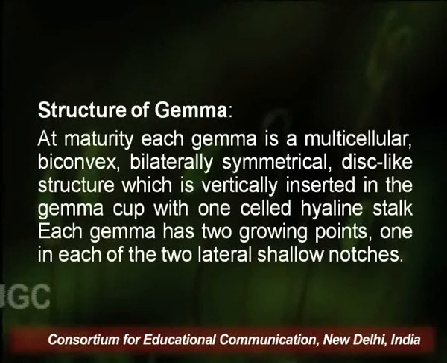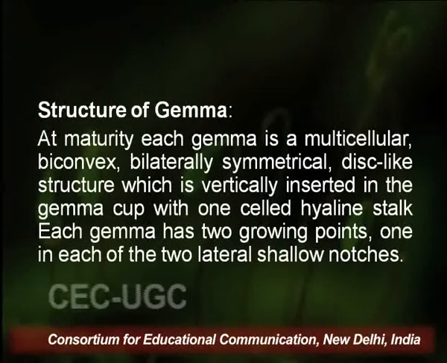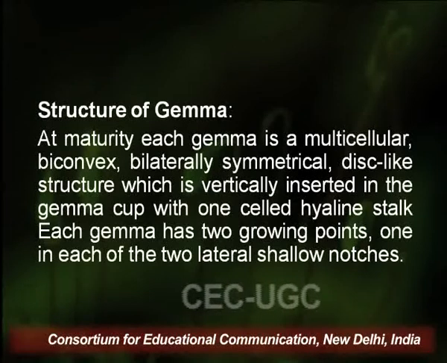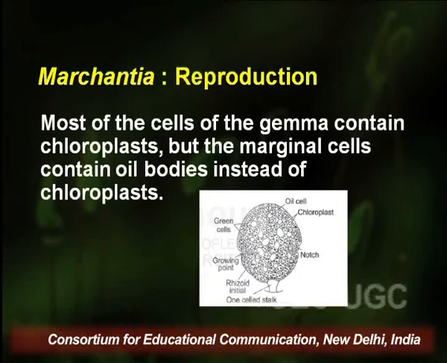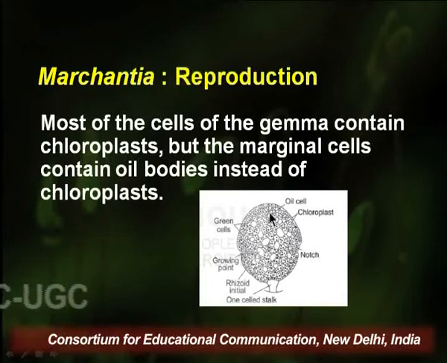with a one-celled hyaline stalk. Each gemma has two growing points, one in each of the two lateral shallow notches. Most of the cells of the gemma contain chloroplasts, but the marginal cells contain oil bodies instead of chloroplasts.